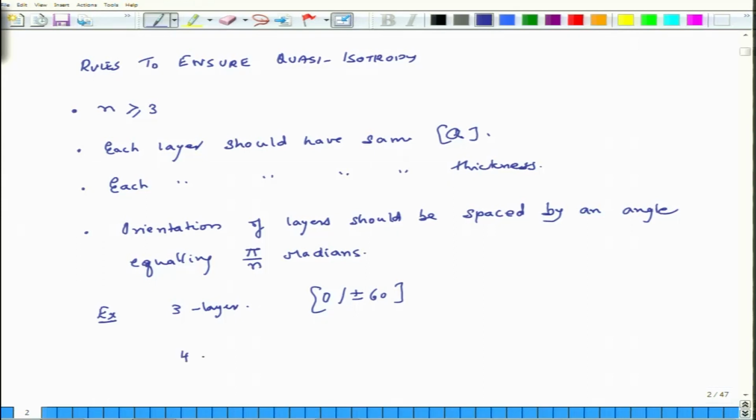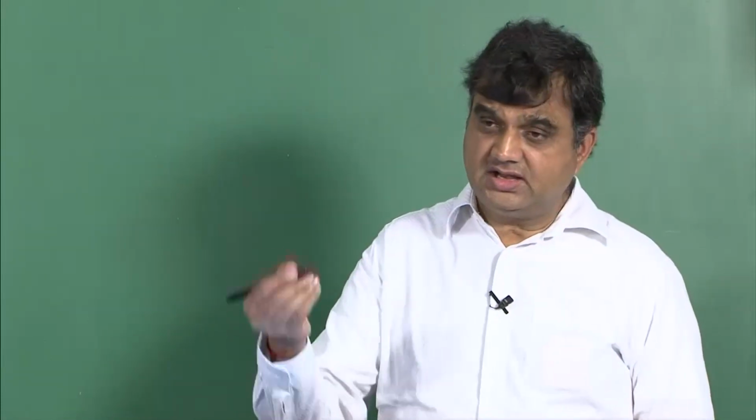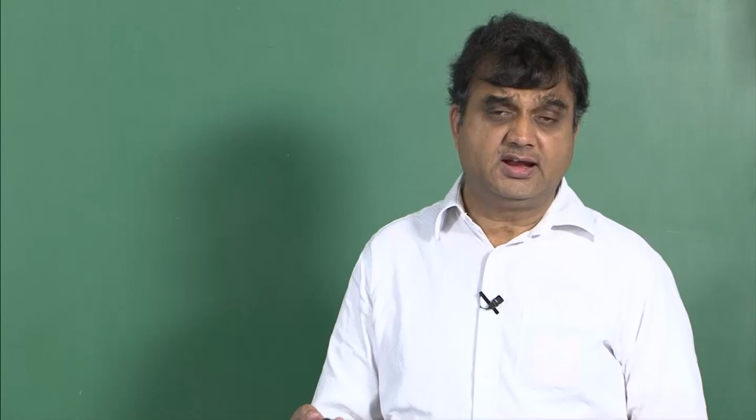For a 4 layer system, by the way, this does not mean that adjacent layers have to be off by pi over n, because what really matters is thickness times Q bar. So, the location of the layer in the system is not that important. The location of the layer in the z direction becomes important when we are calculating elements of the B matrix and D matrix.